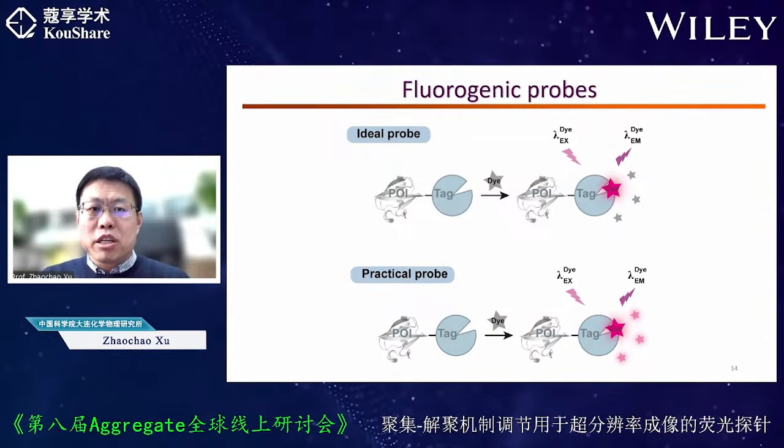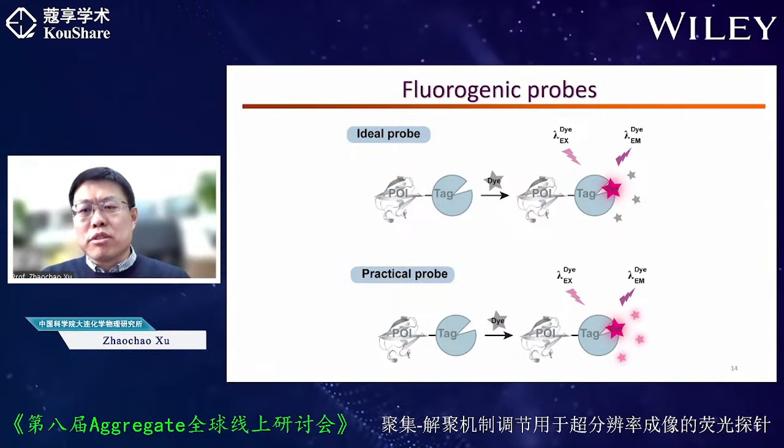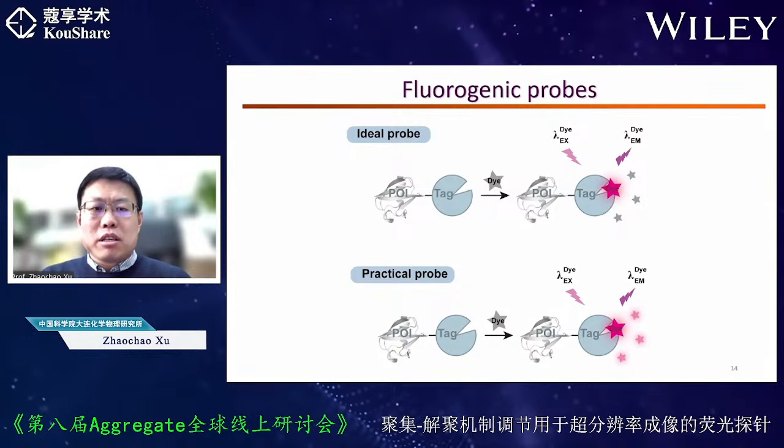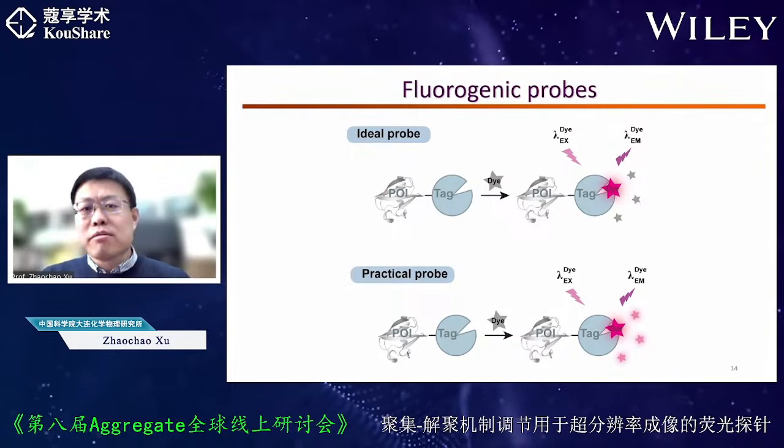However, in reality, probes like silicon rhodamine struggle to achieve this due to their environmental sensitivity, which leads to significant background fluorescence interference. Besides the target, the silicon rhodamine can also emit light with non-targets.